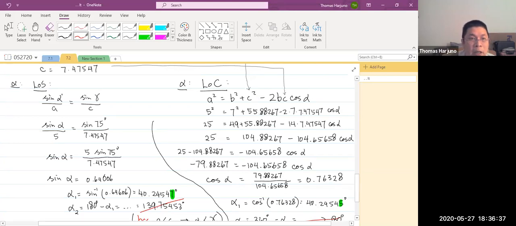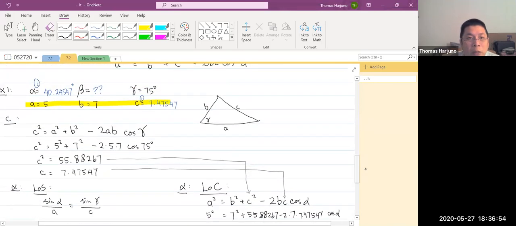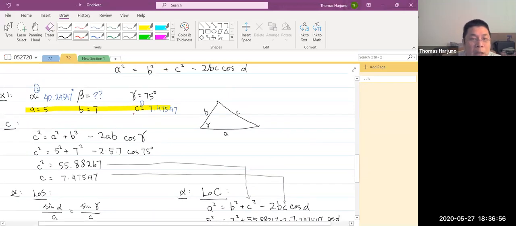Okay, the law of sine will give you two solutions here. With some wisdom, you should be able to cancel one of them. So which one do you recommend, Thomas? Well, it depends on how much you know even before you start that procedure. If I were the one doing this problem, I would use the law of sine because I can tell right away that angle alpha should be less than 75 degrees.